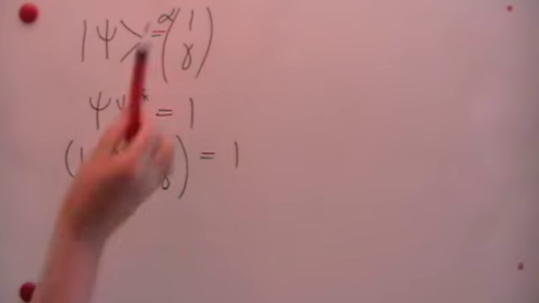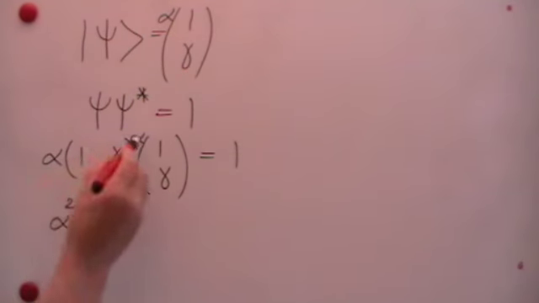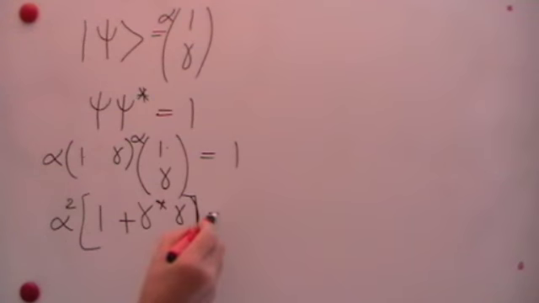That's why I said it didn't matter that you put a 1 here, because in due course you're going to have to multiply it by the normalization factor. So in fact, alpha should be in front of that term and alpha should be in front of this term, which means you've now got alpha times alpha is alpha squared, and then this inner product is simply 1 times 1 is 1 plus gamma, and that of course is gamma star, so gamma star times gamma is equal to 1.